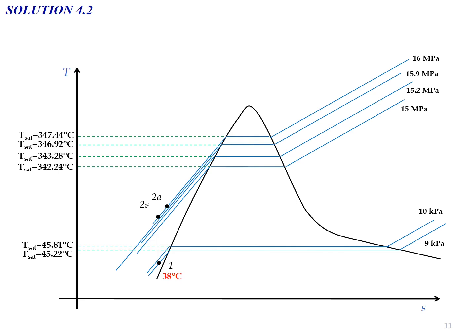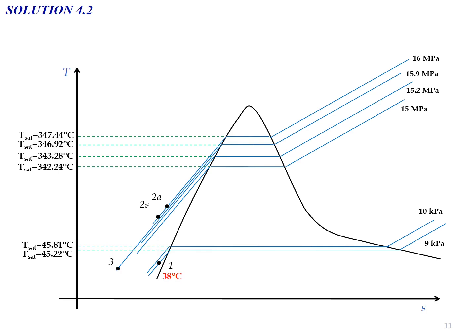State 2a must be beside state 2s, and the value of enthalpy will be greater, because for the actual process, W in will be greater compared to the ideal compression process.